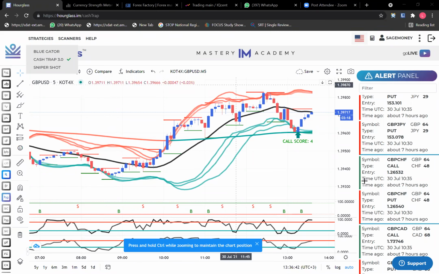Now, the middle line is your middle Bollinger Band. I told you guys about this top Bollinger Band. I told you guys again about this bottom Bollinger Band. Now, the middle line is your middle Bollinger Band.